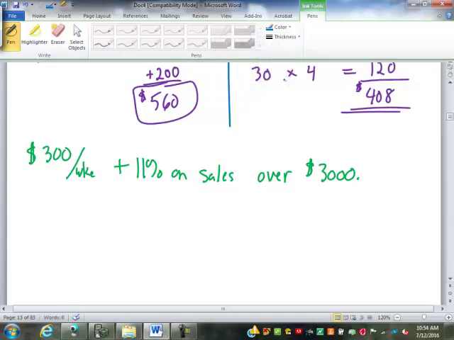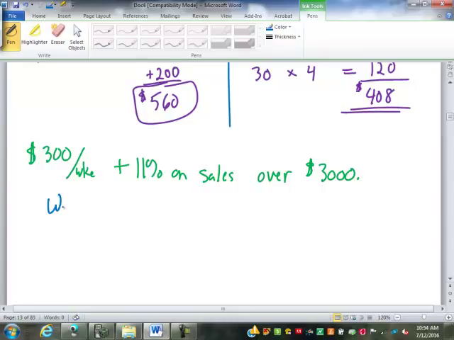What that means is that for the $300 per week, they're compensating you by not giving you any commission on your first $3,000 in sales. What they're saying is that first $3,000 of sales is expected of you for that $300 salary, and you increase your pay if you go over that.